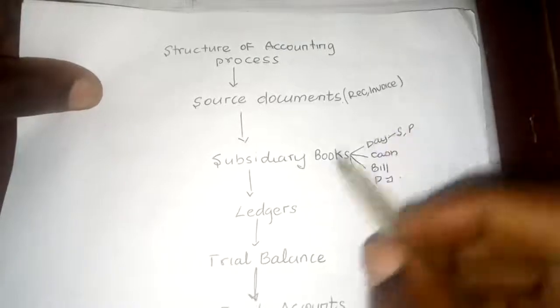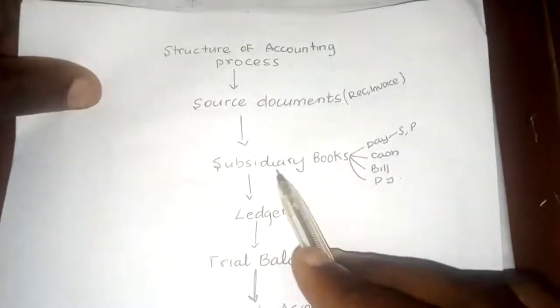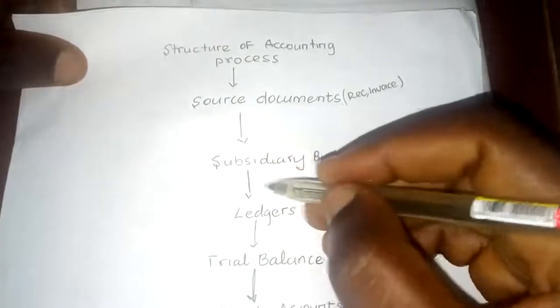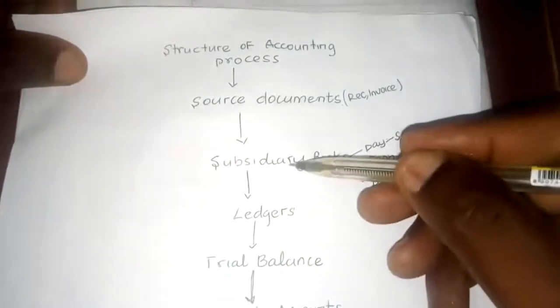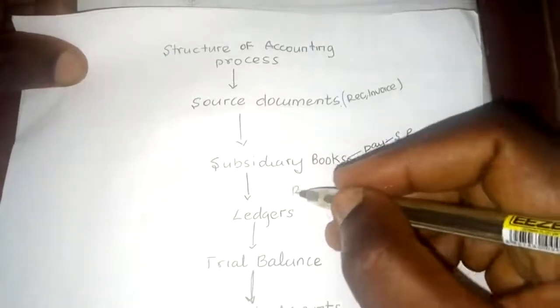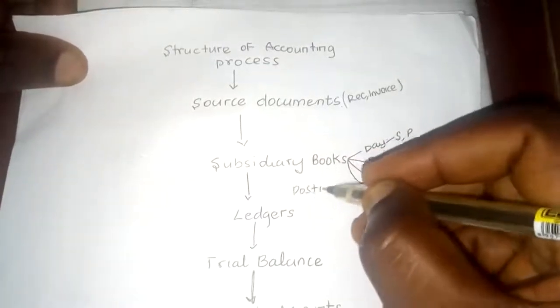So once you have recorded into the subsidiary books, you will post into the ledger. Transferring information from the subsidiary books into the ledger is called posting. Take note of that, write it down.